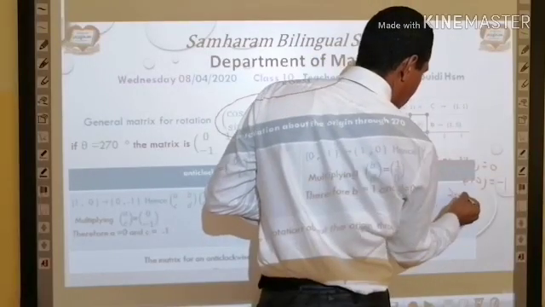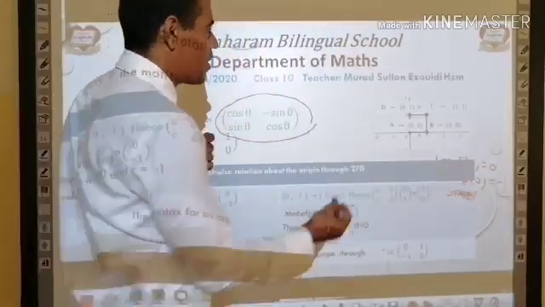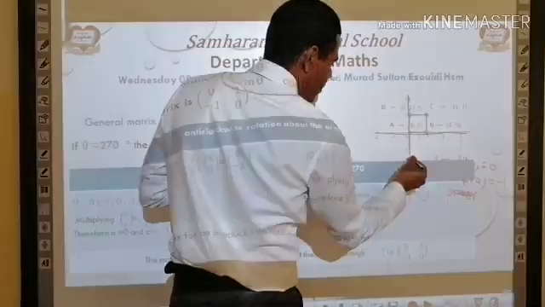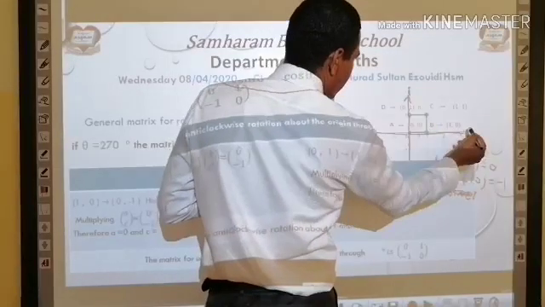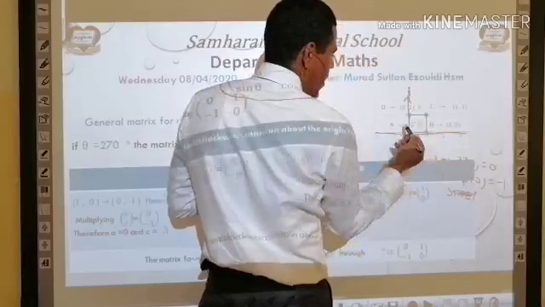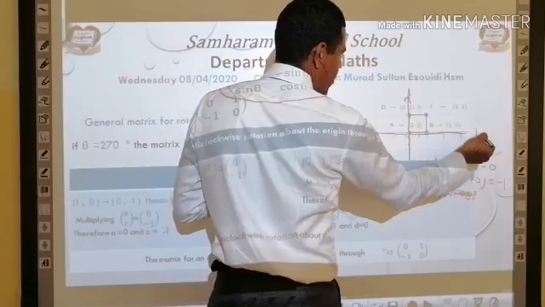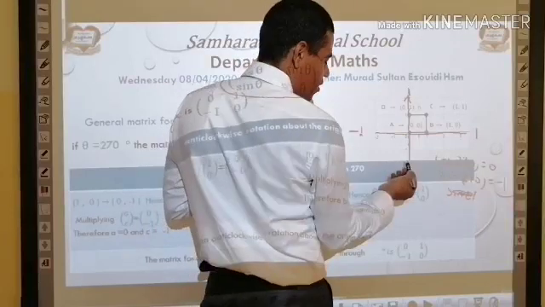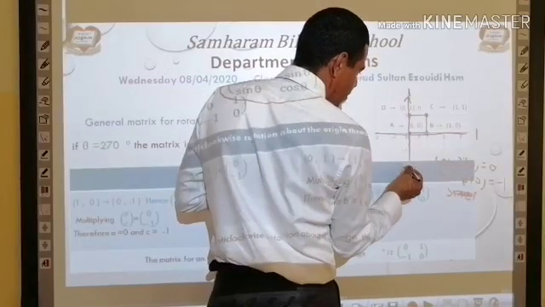This is the x-axis, this is the y-axis. This is 90 degrees, so sine of 90 degrees is 1. Suppose this is the unit circle. So cosine of 0 is 1, cosine of 180 is negative 1, cosine of 270 is 0, but sine of 270 is minus 1.